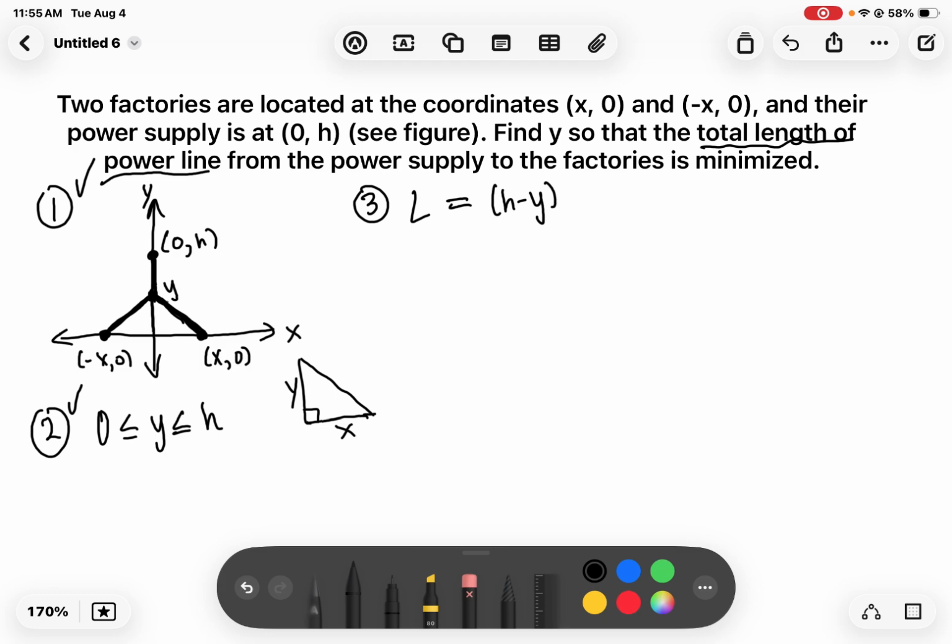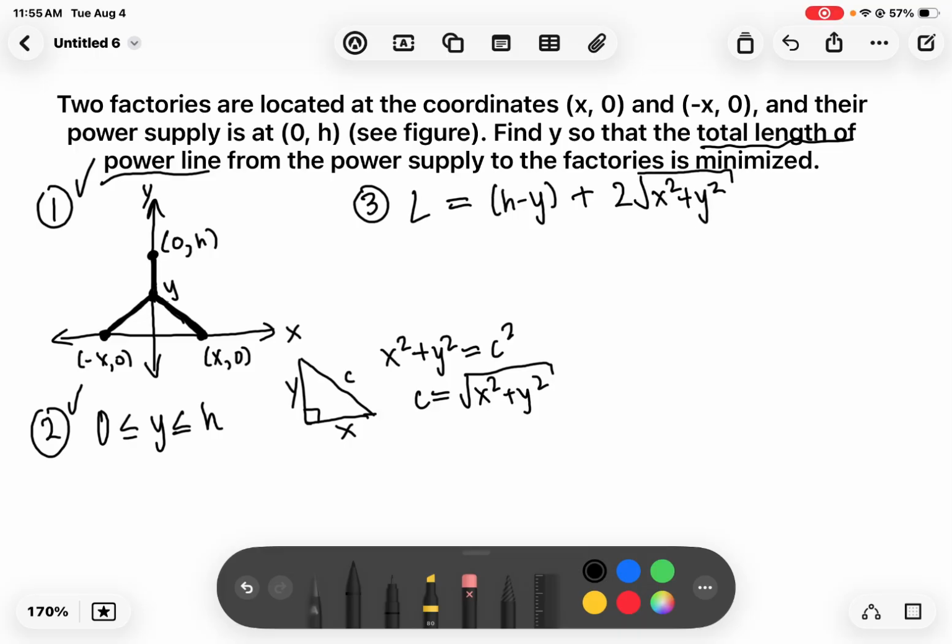Then we can use the Pythagorean theorem to find the hypotenuse: x squared plus y squared equals, I'll call this length c, c squared. Therefore c is equal to the square root of x squared plus y squared. This is also the length of the other line segment, so in total both of these line segments combined have a length of 2 square root of x squared plus y squared.